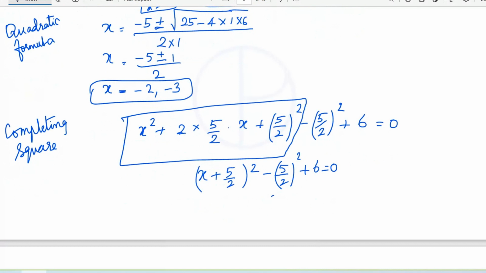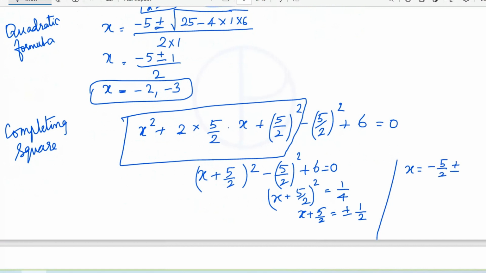So x plus 5 over 2 the whole square minus 1 over 4. We can write this is equal to 1 over 4. Then what is x plus 5 over 2? This is equal to plus or minus 1 over 2. So x equal to negative 5 over 2 plus or minus 1 over 2.